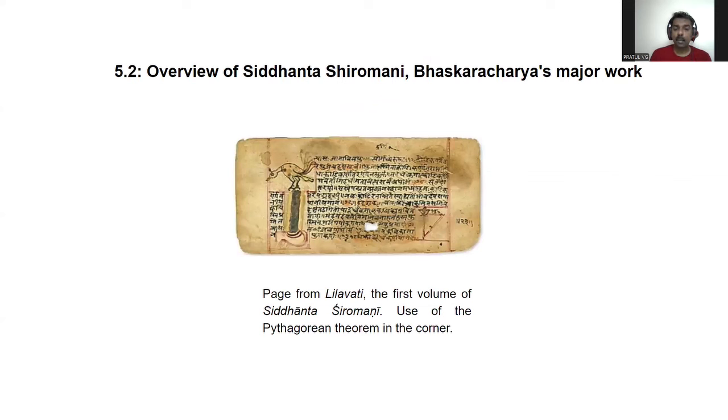Here is a small overview of Siddhanta Siromani, which was Bhaskaracharya's major work. In this picture, you can see in the corner there is the Pythagorean theorem, which is about right angle triangles.